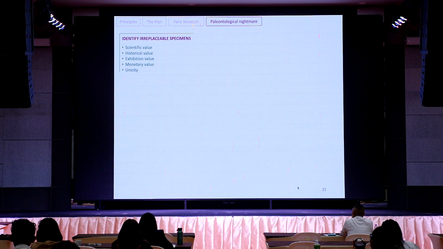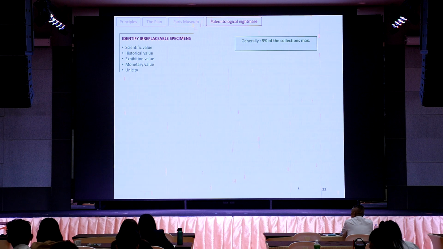And one of the first things some of you may already be thinking about is how many specimens can we consider in the plan? Generally, for art and archive museums, they say that it should not be more than 5% of all the collection.